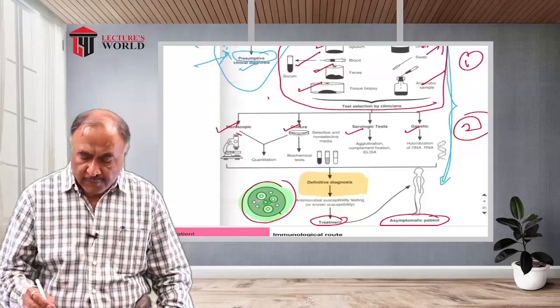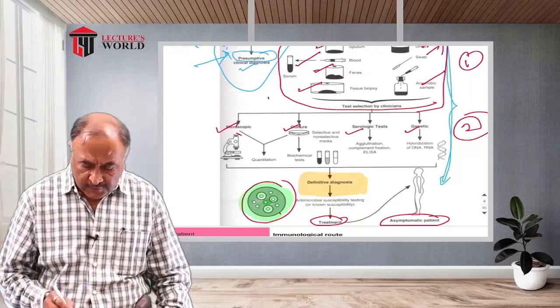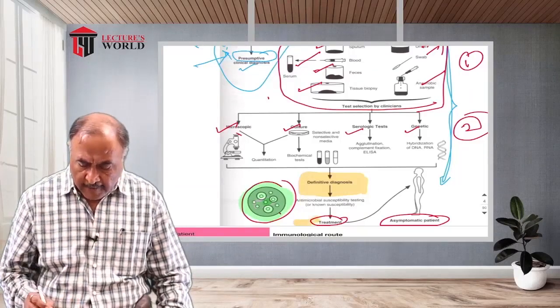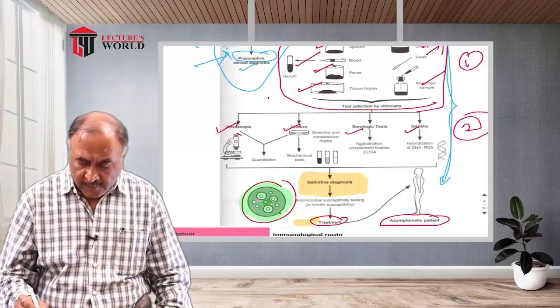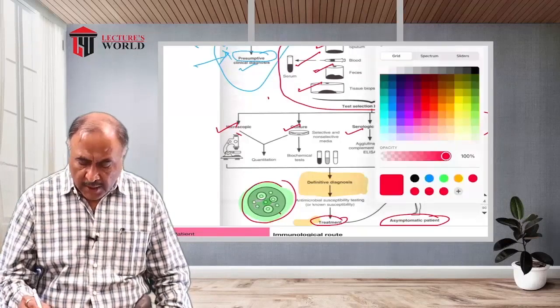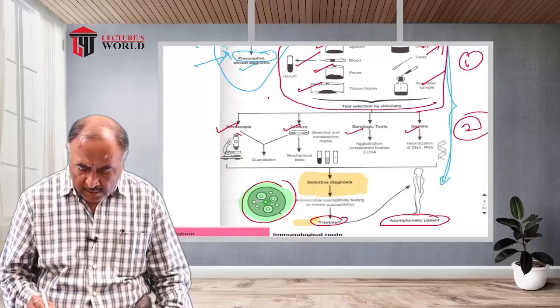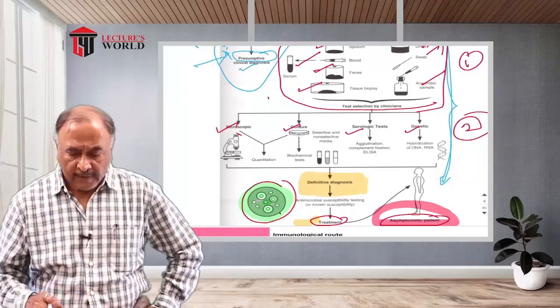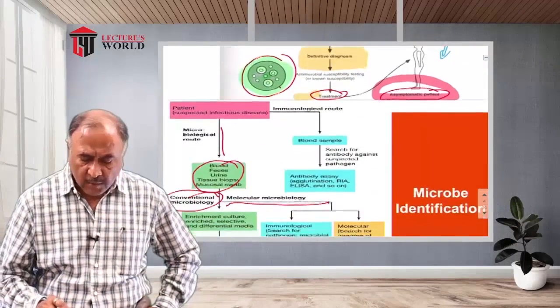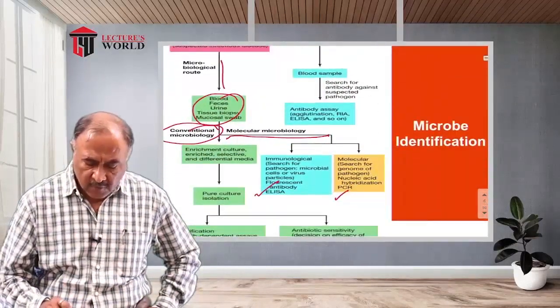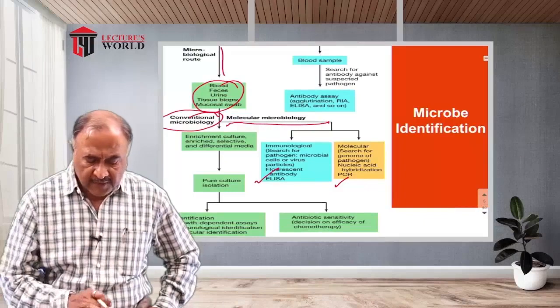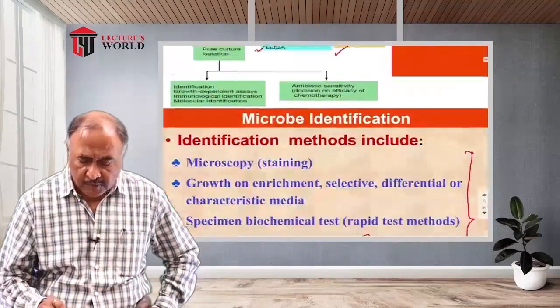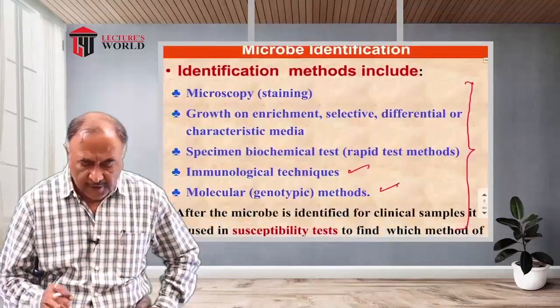And therefore a treatment is done, and ultimately the patient will improve and will show what we call an asymptomatic patient. So this is how a flow chart basically works. This is the same thing which was shown or discussed earlier.